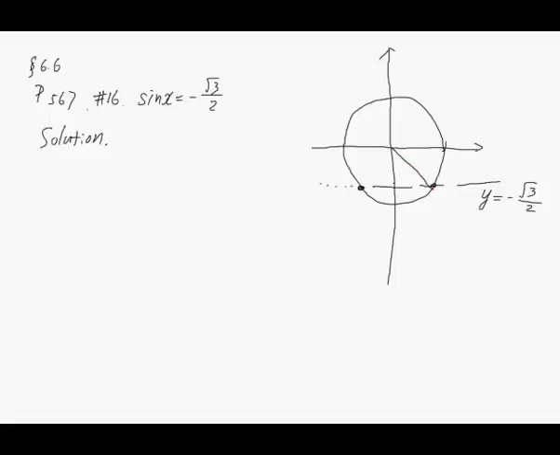This angle can be obtained by using the inverse sine function. So we find the first special solution, that is the sine inverse of negative root of 3 over 2. What is this angle? What is the inverse sine of negative root of 3 over 2?